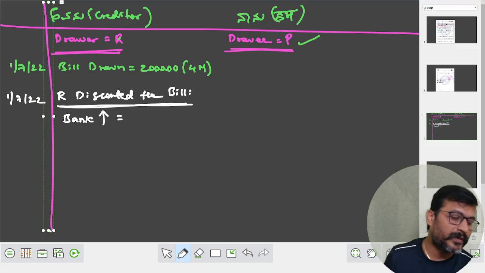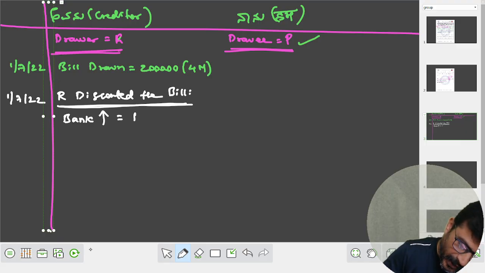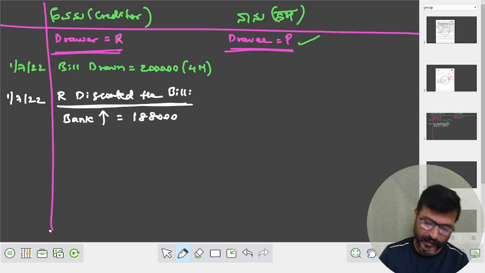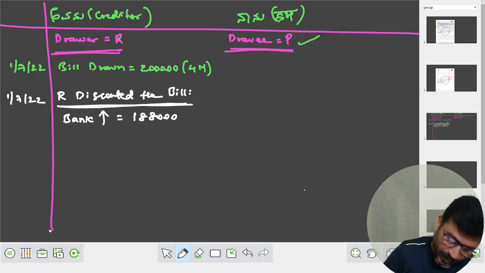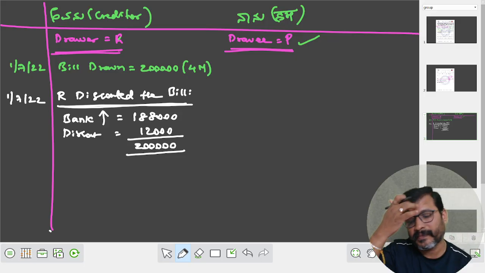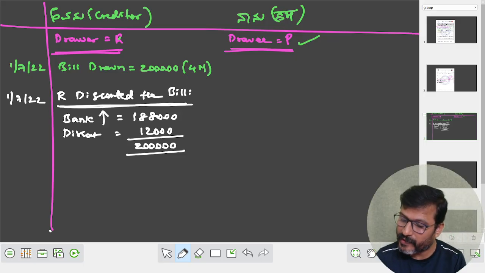Discounted for an amount of rupees 1,88,000. Now what about the amount of discount? The amount of discount comes to rupees 12,000. The total of this is 2 lakhs. Am I right, my dear students?